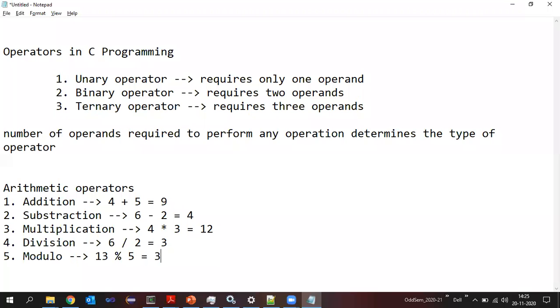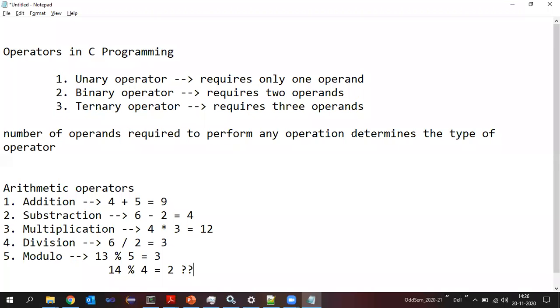Okay, not a problem. Let me put up one more example here: 14 modulo 4 equals how much? 2. Okay, how is this 2? Can you explain?